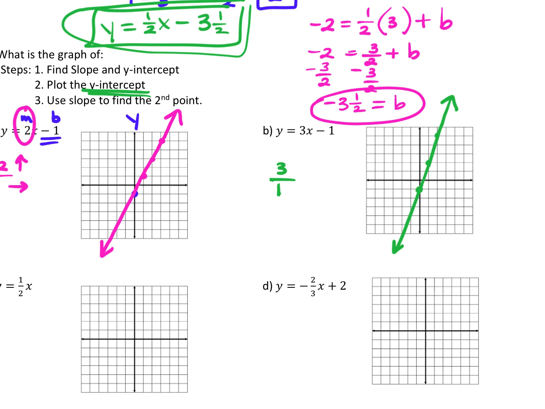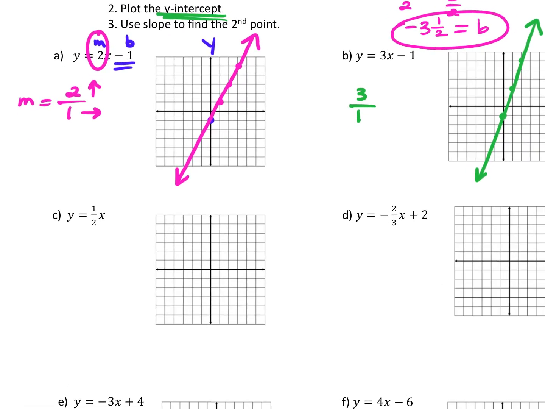C looks a little bit different. Can anyone tell me what we treat differently here? What do we know? You know the slope is 1 over 2. Whatever comes in front of your x is always the slope. What's your y-intercept? 0. It's like we said plus 0 at the end of that, right? So if there's nothing there, your y-intercept is 0, okay?